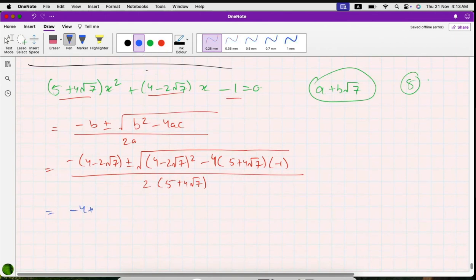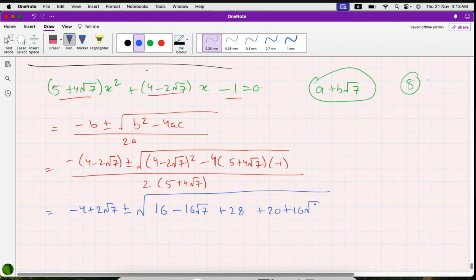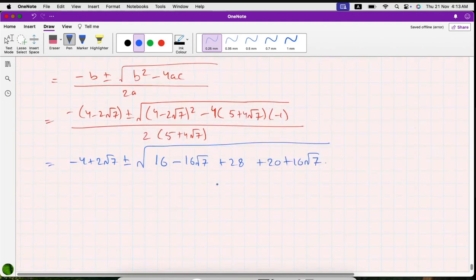Now that's minus 4 plus 2 square root 7 plus minus, and this is a squared minus 2ab, 2 into 4 times 8 is 16 square root 7, plus b squared. 2 squared is 4, root 7 squared is 7, 4 times 7 is 28. And minus minus is plus 4 plus 20 plus 16 square root 7, over 10 plus 8 square root 7.